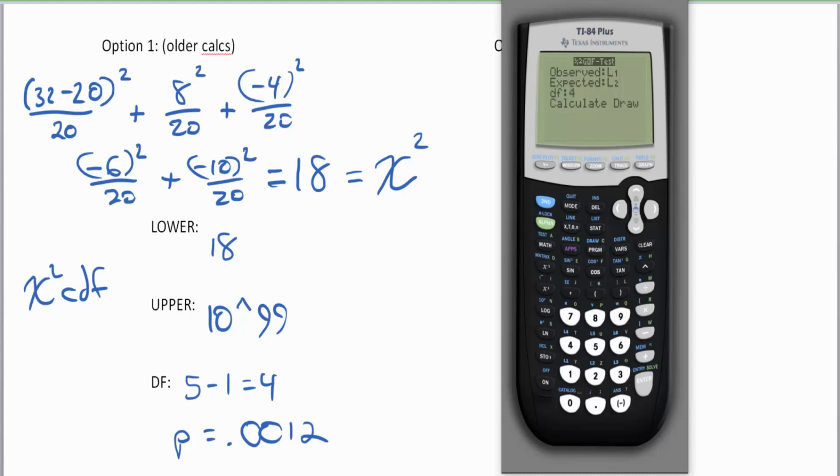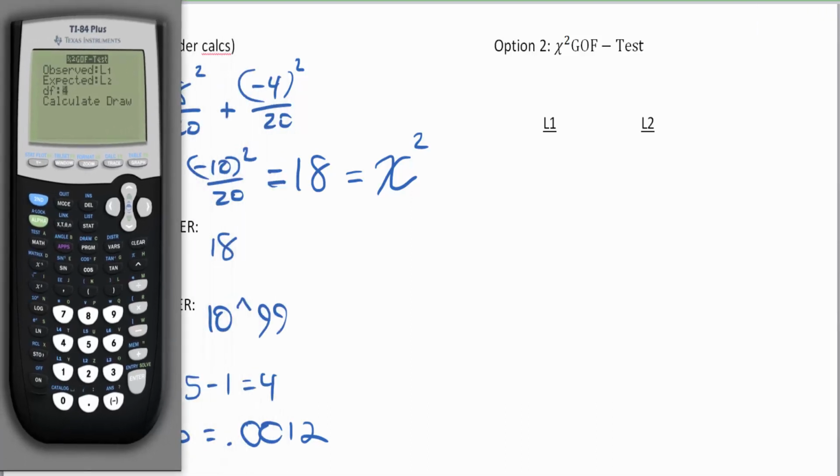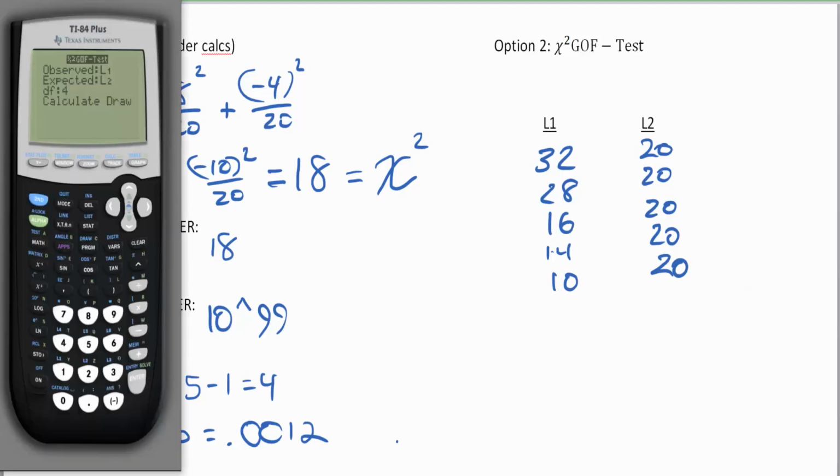Degrees of freedom is 4, and before I hit the enter button for the not so surprising answer, because we also did this without using the calculator, I just want you, for your notes, to write down what you had in list 1: 32, 28, 16, 14, and 10. And in list 2, a whole bunch of 20s. The book or the online homework will not be giving you list 2. You're going to have to figure out what list 2 is from the context of the problem.